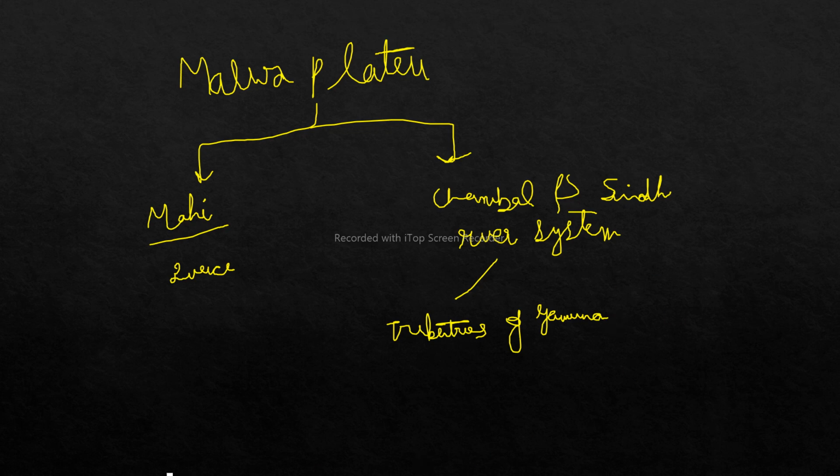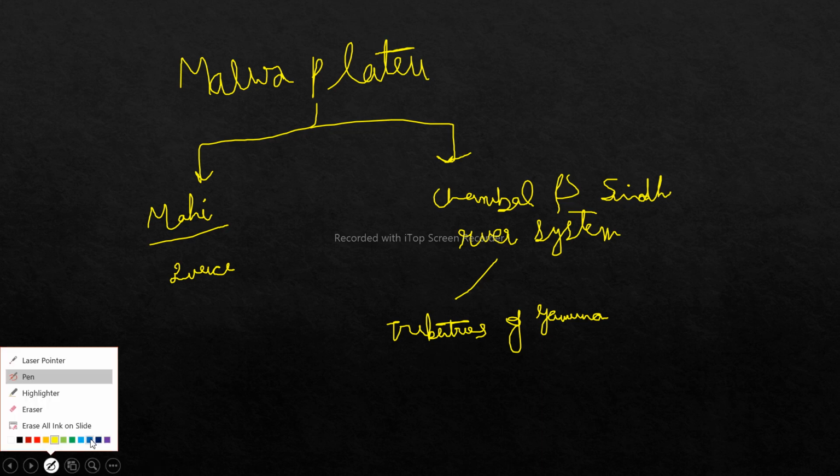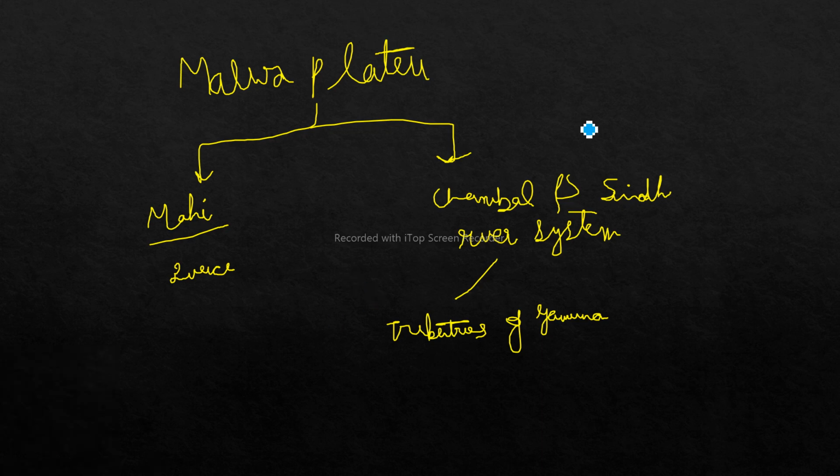Now there are certain other features that you should know about this. One of the features is that it has a kind of badland topography. What does this mean? There are many kinds of ravines and gullies.